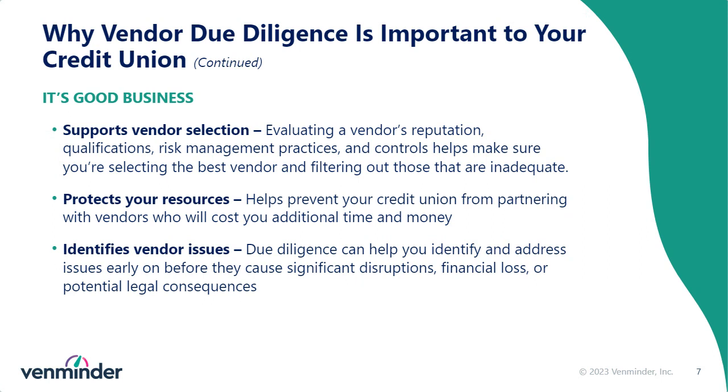Ongoing due diligence is especially important in helping to identify and remediate vendor issues early on before they become larger problems that can't be resolved. In some situations, the information you review might even result in the decision to end the vendor relationship so you can protect your credit union from financial loss or even legal consequences.